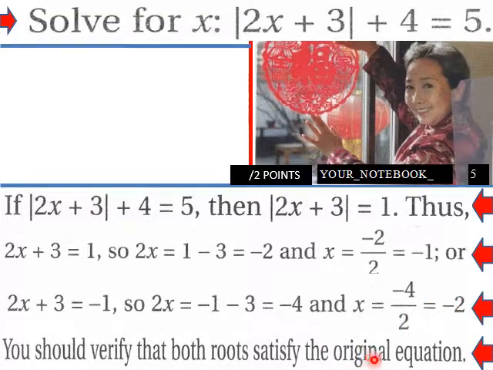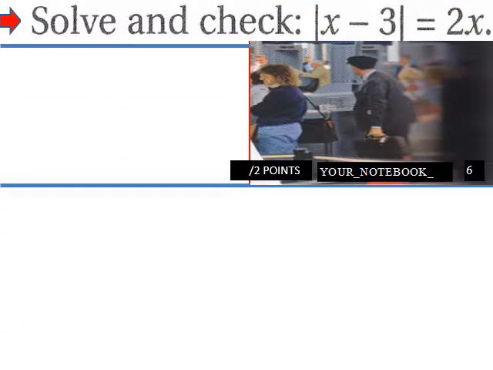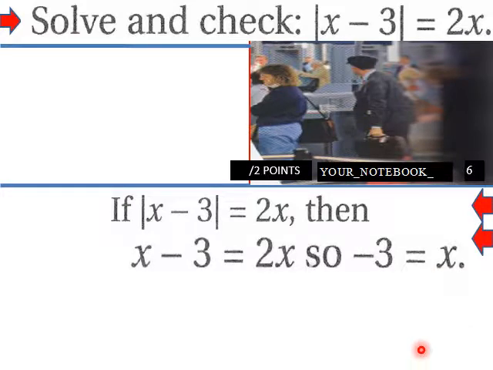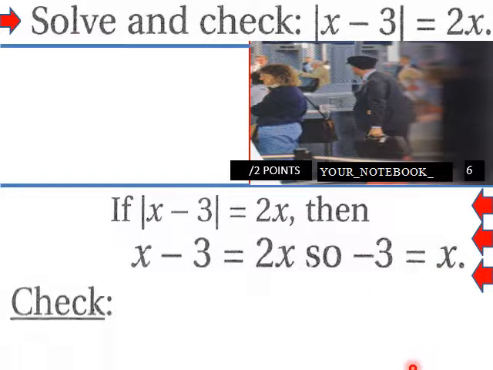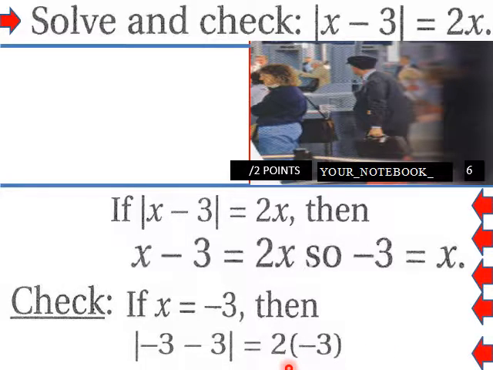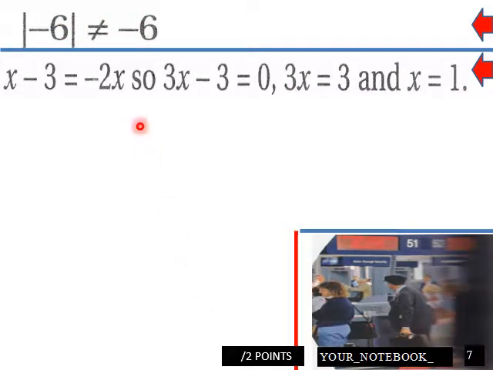You should verify that both roots satisfy the equation, so solve and check. So we're going to solve and check for this here. If x equals -3, check: you stick in a -3 there, which gives -6, and the absolute value of -6 does not equal -6.